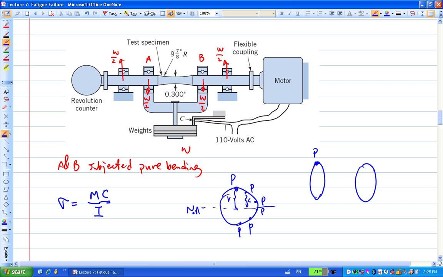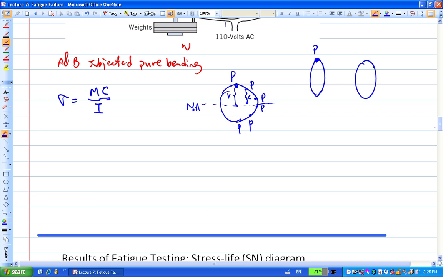That's the formula. So if you start at P, this is the drawing of the sigma at this location P. If you start at P, the C value is R, and that's actually the maximum. So it starts at maximum.